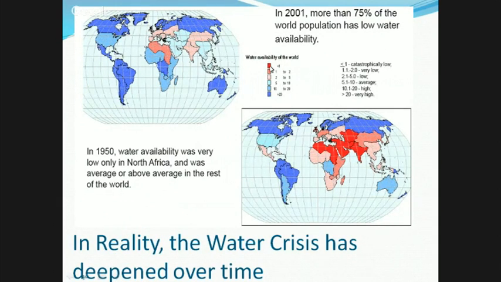Red is lesser than 1%, then light red, 1 to 2, is where the water availability is very less. In about 50 years, these blocks have depleted. You can see the change in the picture.